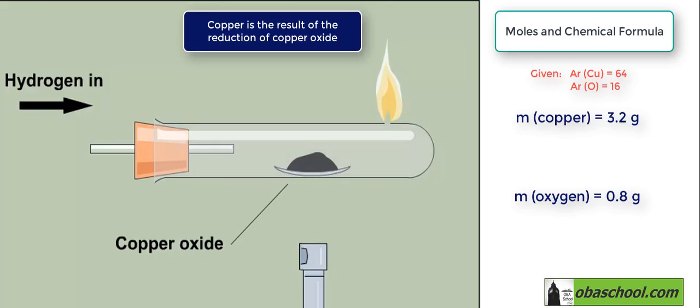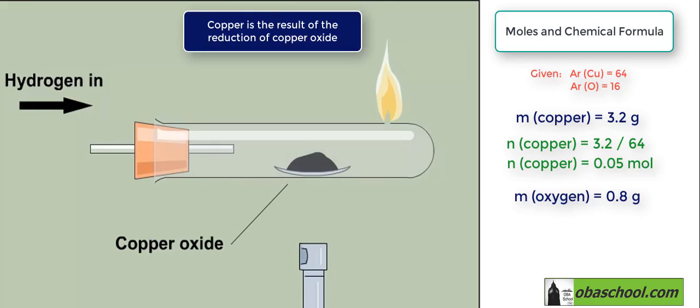So the number of moles of copper is equal to the mass of copper over the relative formula mass of copper. What's the mass of copper? 3.2, because we already calculated it, and given is the relative formula mass, which is 64. Dividing them together gives us 0.05 mole.